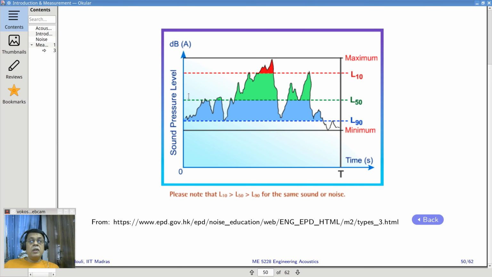Here is the median level, which is L50, which is 50% of the time the sound is above, 50% of the time it is below. And of course, we use L10 as a measure, saying that 10% of the time it exceeds. This is at the top level. So the sound variation is bracketed by L90 and L10, and L50 is a median that we use to determine this.